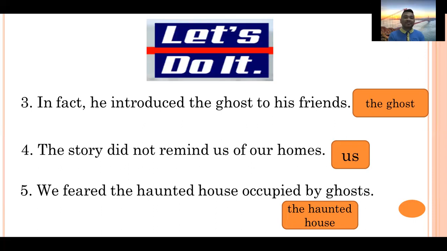Okay, now I would like you to give me a sentence, a complete sentence, type in a chat box. Give me a sentence and then identify the action verb, and identify also the direct object.